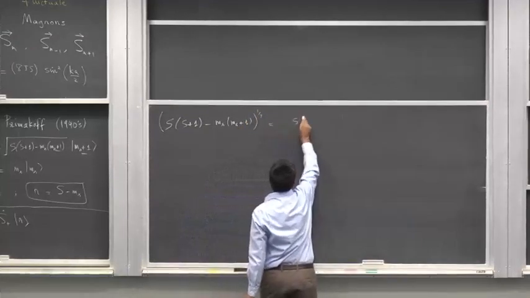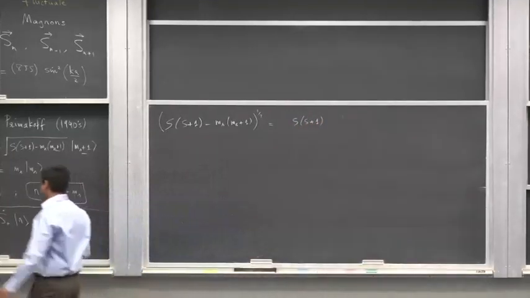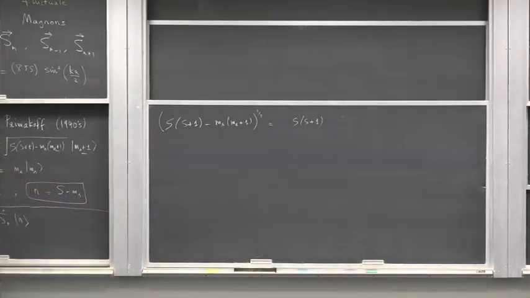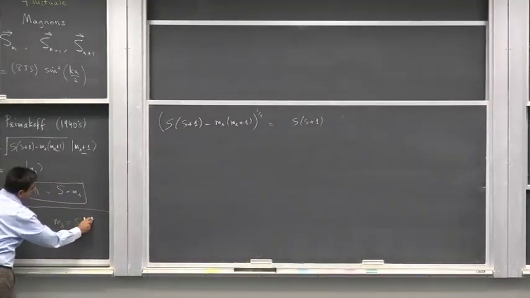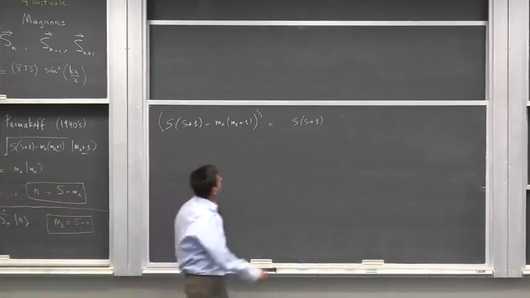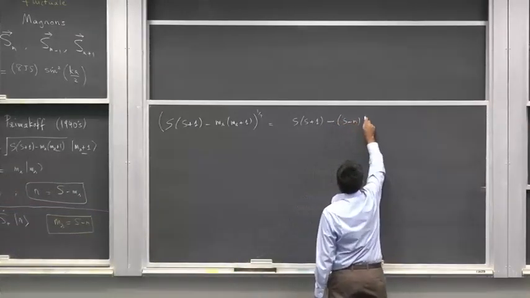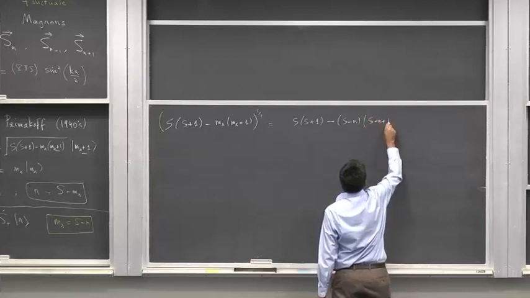This is s plus 1. Now my ms, this ms over here, is s minus n. So I take this value of ms, s minus n, plus 1.